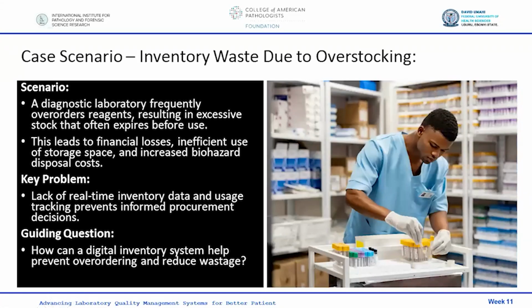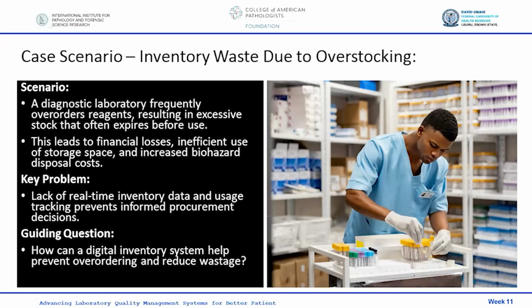Now let's look at this case scenario of an inventory waste due to overstocking. A diagnostic lab frequently over-orders reagents, resulting in excessive stock that often expires before use. This leads to financial losses in the lab, inefficient use of storage space, and increased biohazard disposal costs.